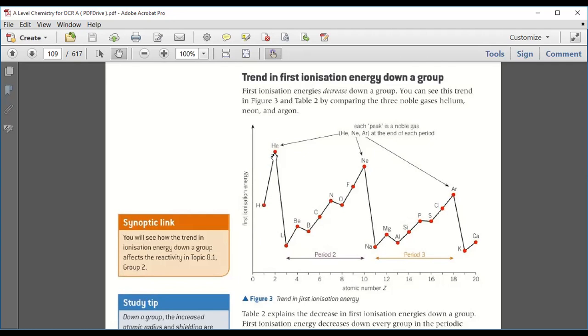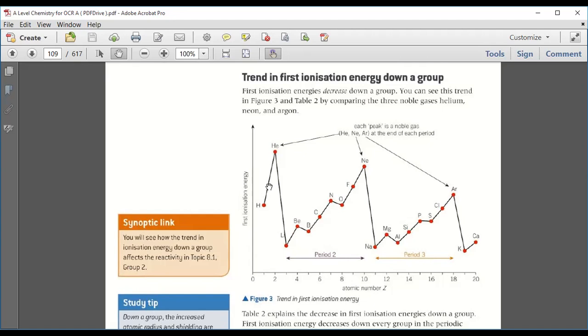Hydrogen is the first element, helium is in the 18th group. Hydrogen's atomic number is 1. An electron can be removed from it, so it will have some ionization energy. In the case of helium, the atomic number is 2.